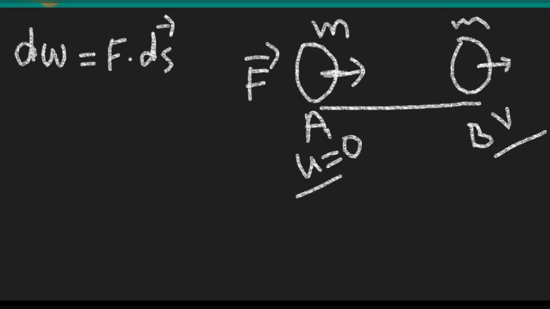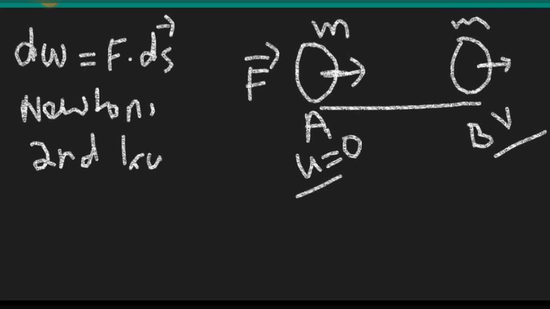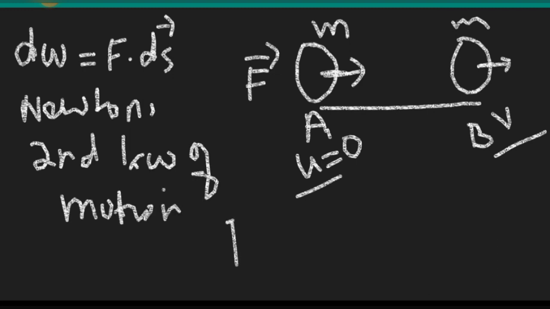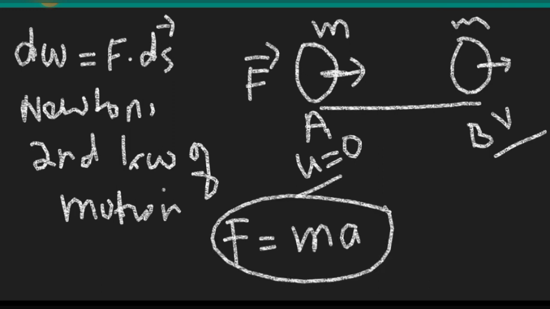We know by applying Newton's second law of motion, F equals ma. Force applied on any body is directly proportional to the acceleration produced in the body. F is directly proportional to a, or we can say F equals ma.